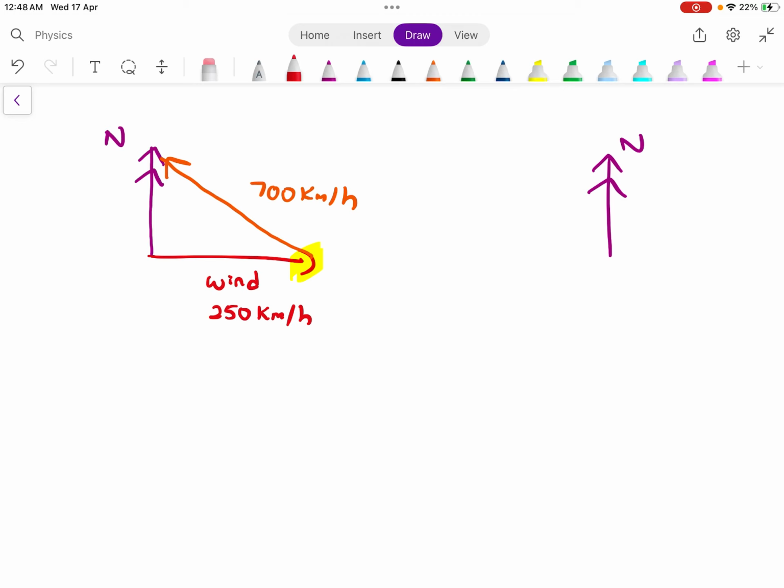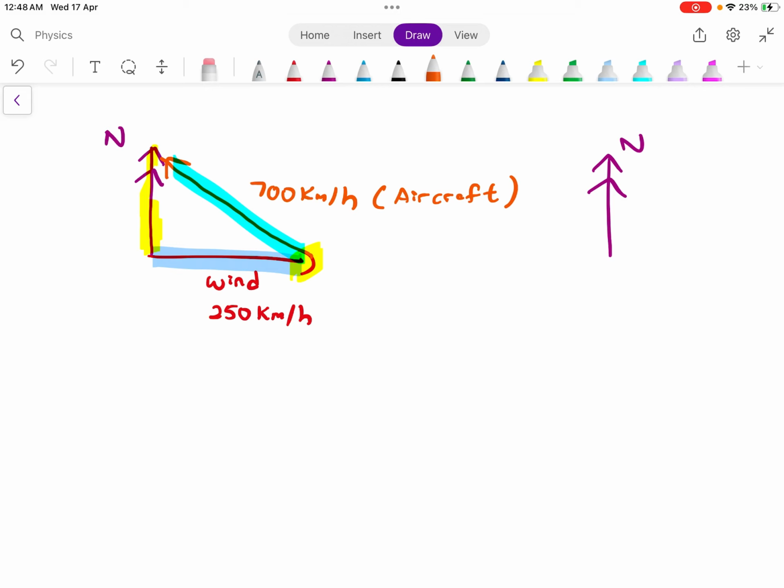But one thing for sure is that this vector and this vector add up and must point me towards the north. So you can see it's actually a right angle triangle. The wind is towards the right hand side, then the aircraft, which is this thing, is pointing towards the northwest.